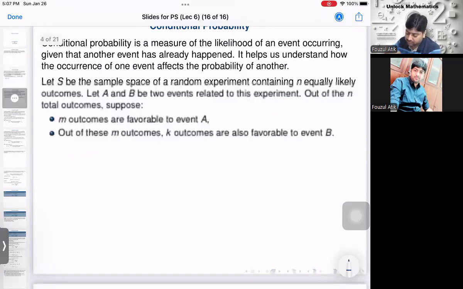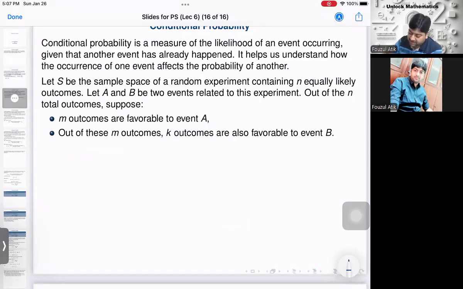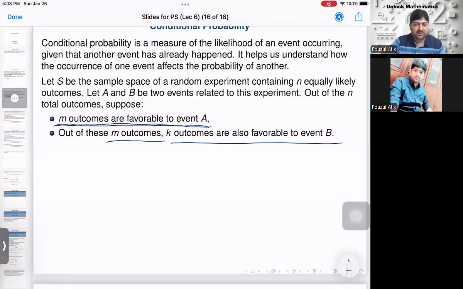Now, out of these m outcomes that are favorable to A, suppose k outcomes are also favorable to the event B. Note that these k outcomes are outcomes of A as well. So we are considering event B happening provided A has already happened.